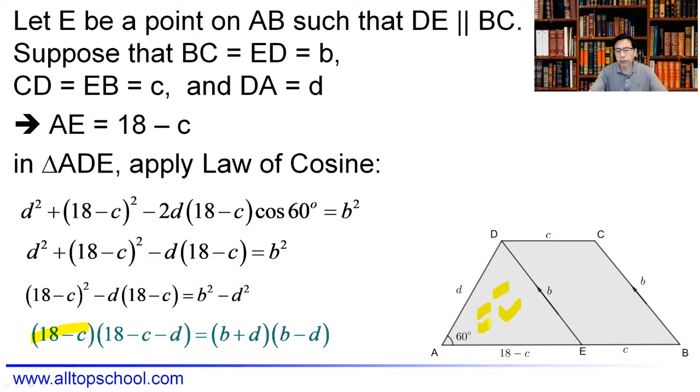This diagram can basically retire. The rest of the solution will be finding the values of B, C, D using the condition that the three sides form an arithmetic progression. So let's go from there.